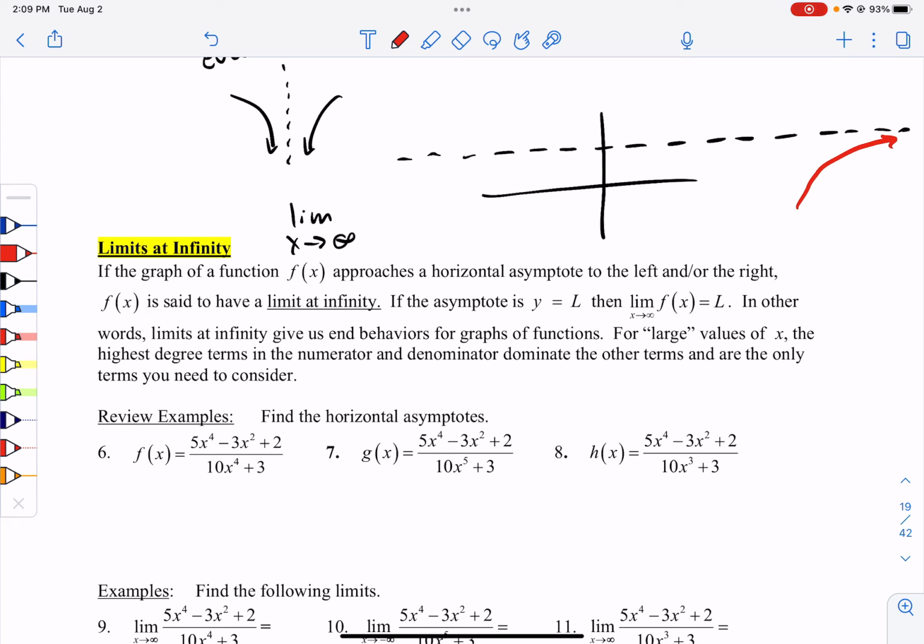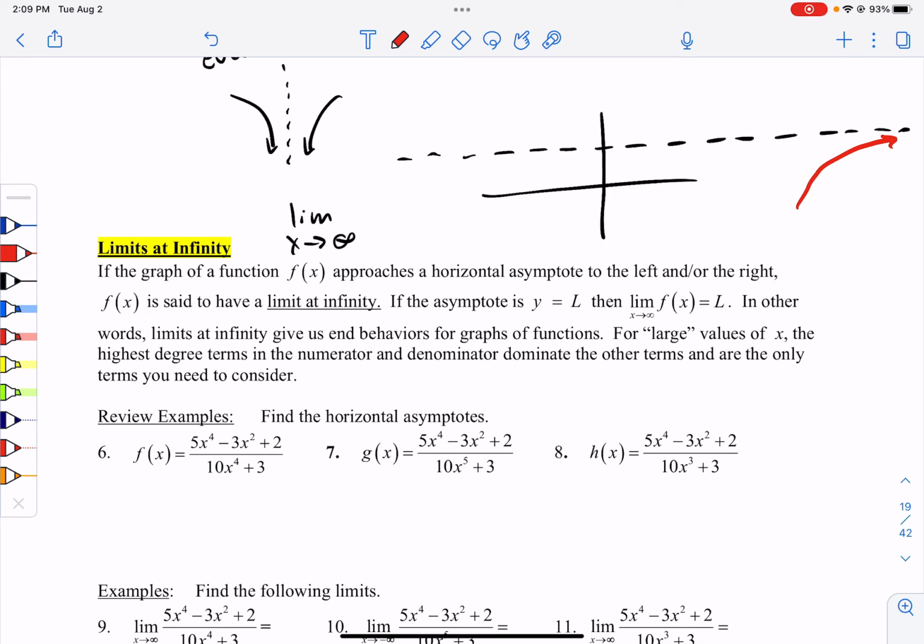So it's telling me what's happening at the end of my function, right? As I go to infinity, I'm getting really close to that asymptote. So if the asymptote is y equals L, then the limit as x goes to infinity of f of x equals L. In other words, limits at infinity tell us what the end behavior of our graph is doing. It tells us what's happening at the end.